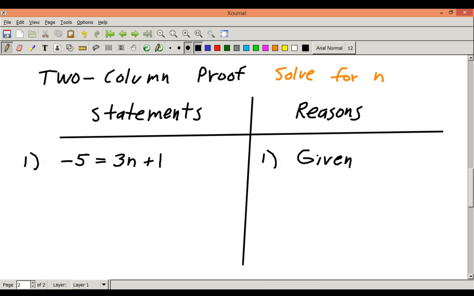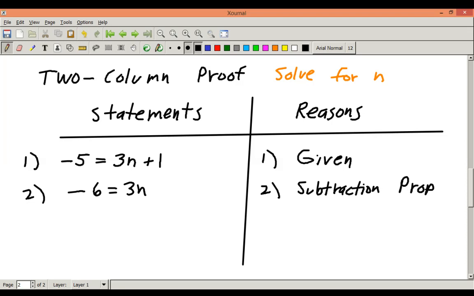Okay, so next we might subtract 1 from each side. So that would give you -6 is equal to 3n. That's our statement number 2. Reason number 2, subtraction property. If you try to abbreviate it as SUB, we won't know whether you want subtraction or substitution. So you want to write out SUBTR or something, if you want to abbreviate it a little bit, that tells the difference between subtraction and substitution.